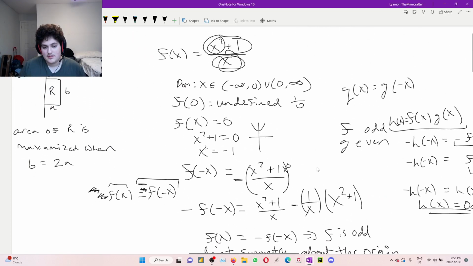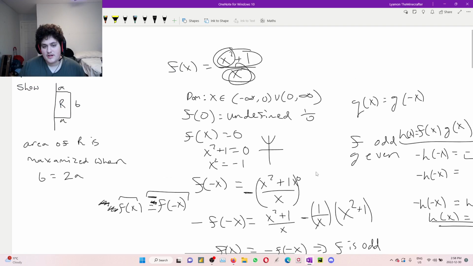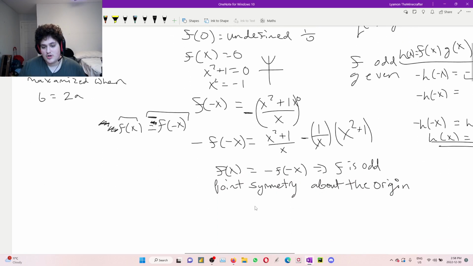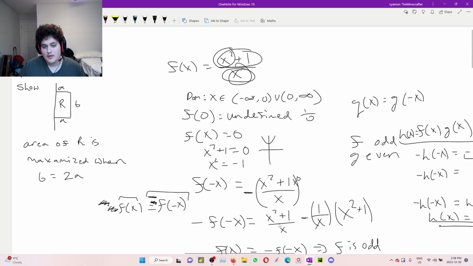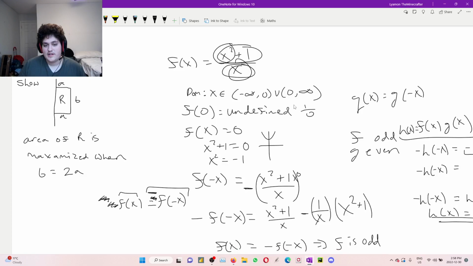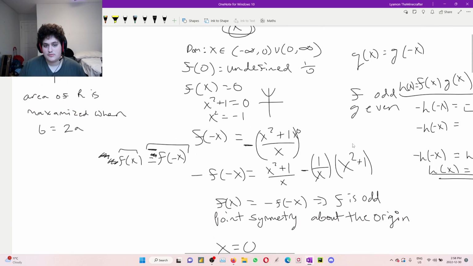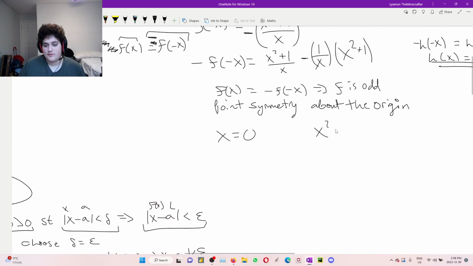Okay, next, we can look for asymptotes. Obviously, there's going to be one when x equals 0. Also, we can look for an oblique asymptote. In this case, because the degree of the numerator is greater than the degree of the denominator, we should have an oblique asymptote. So we have x squared plus 1 over x.